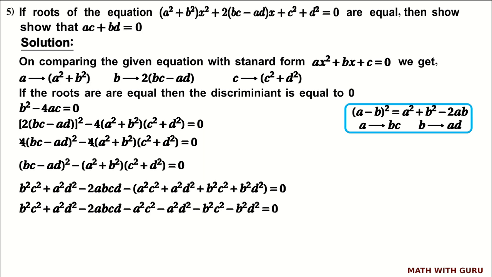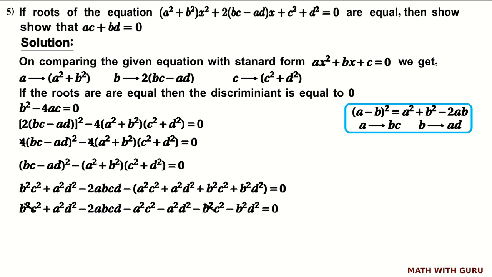Open the brackets. b²c² + a²d² - 2abcd - a²c² - a²d² - b²c² - b²d² equals 0. Now plus b²c² minus b²c², their sum is 0.